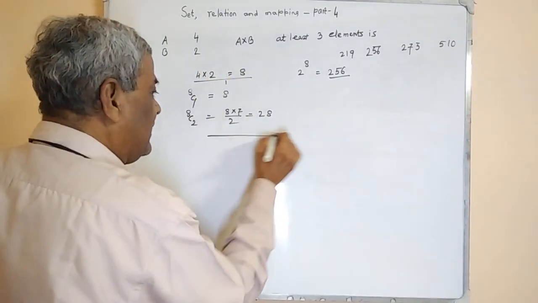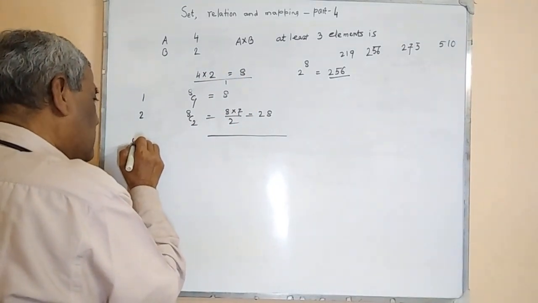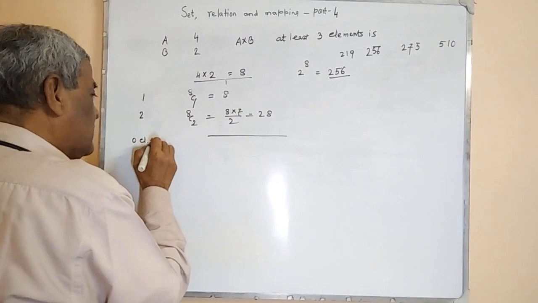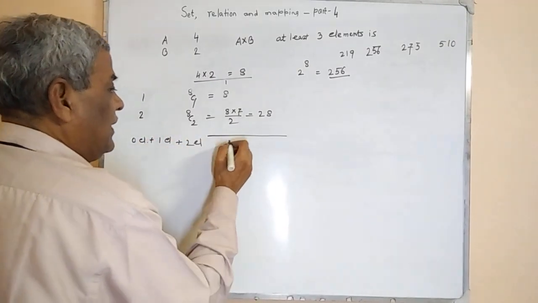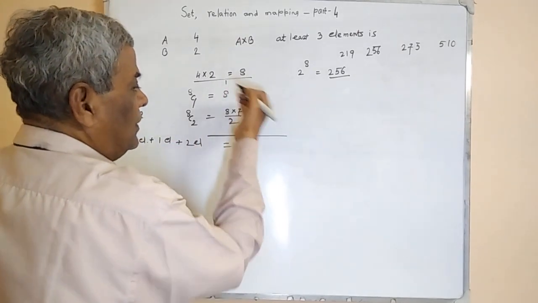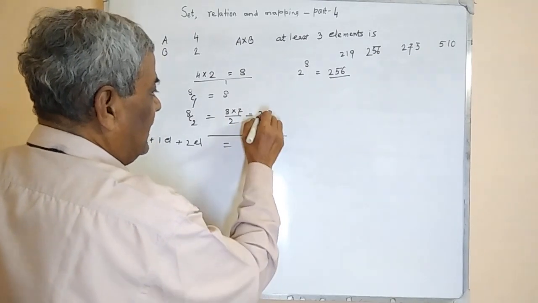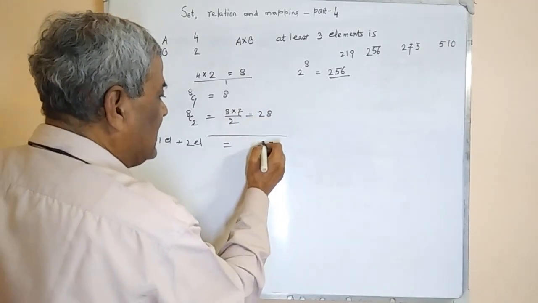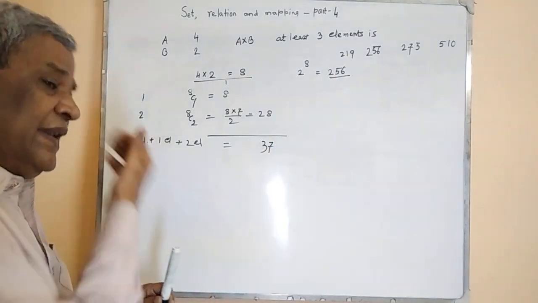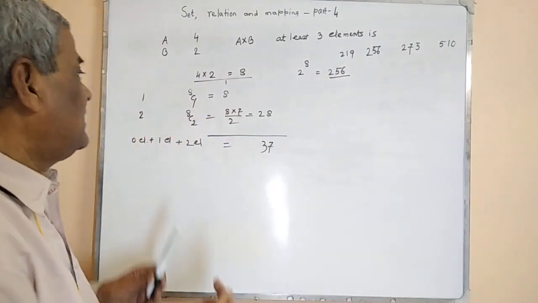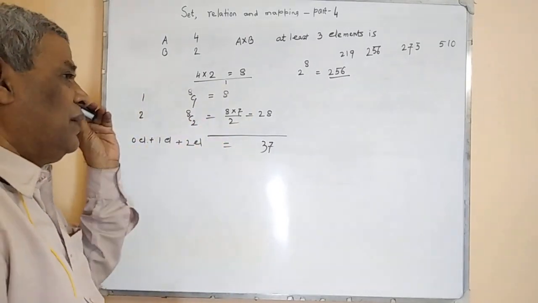So we get 0 element plus 1 element plus 2 elements is equal to 37. So there are 37 subsets containing no element, only one element, or only 2 elements.